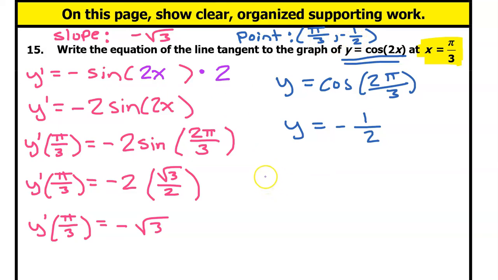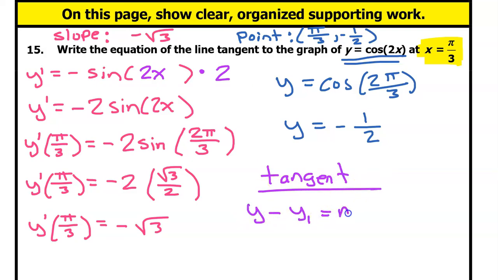So now we can write the equation of the tangent line using point-slope form. Point-slope form goes like this. Y minus y1 is equal to the slope times x minus x1. So we're just going to fill this in using y1, this y value that we just found.